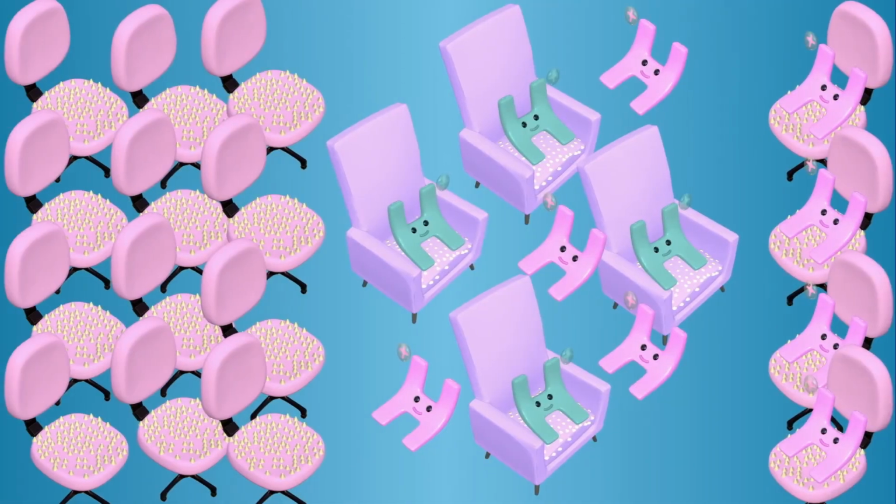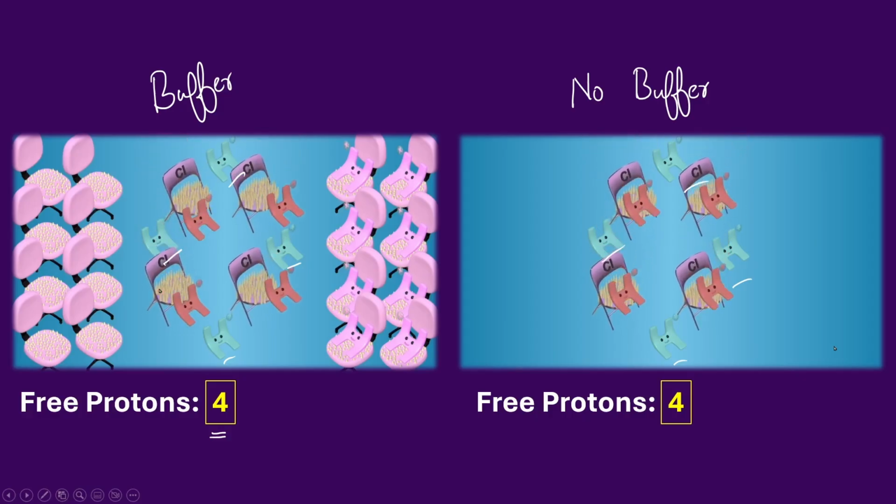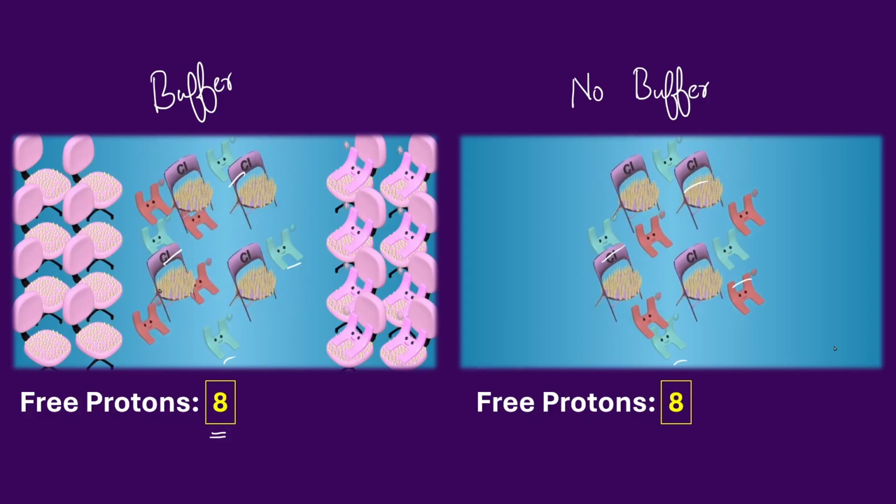Let's see it again. Initially we have 4 protons here, 1, 2, 3, 4, and 4 protons here, 1, 2, 3, 4, right? Here there was no buffer, here there was buffer. HCl is added, so now 8 protons, 8 protons.